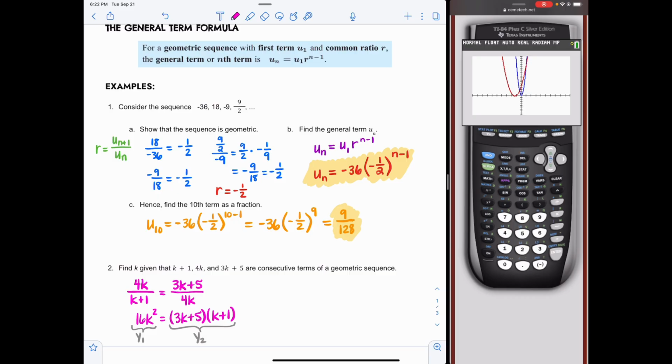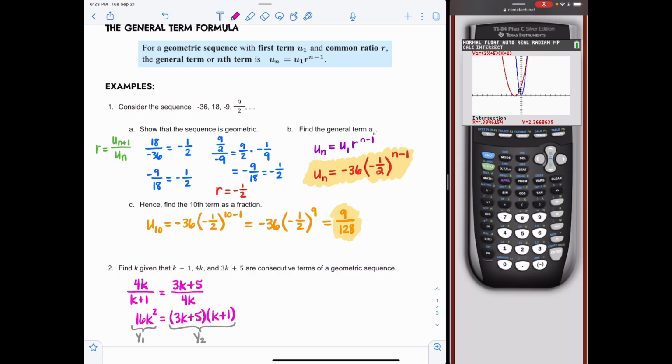So now that we have it graphed, we can actually see where the two graphs cross each other. So they intersect twice. In order to find those intersections, we press second trace, go to number 5. Then we need to scroll until we almost touch each intersection. So we're going to scroll to the one on the left and press enter 3 times.